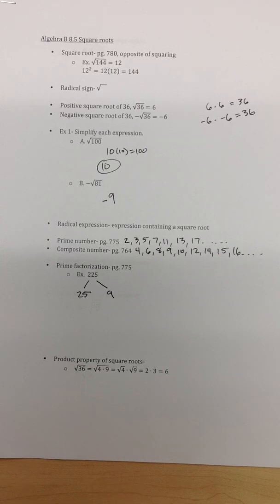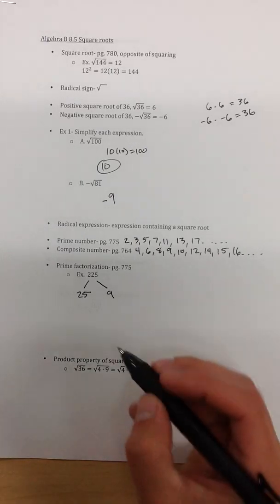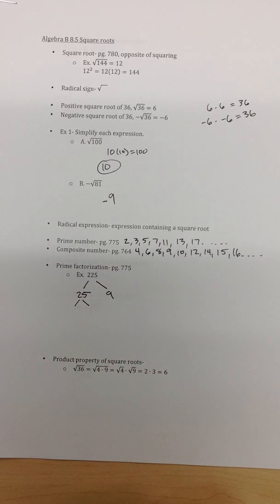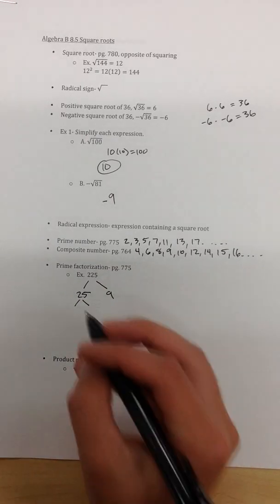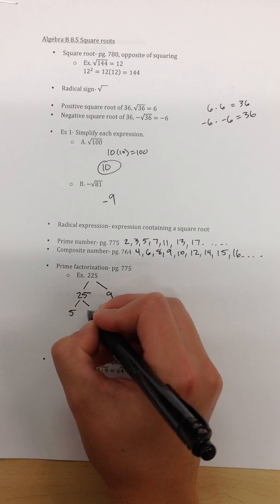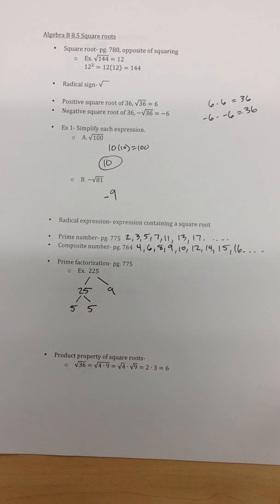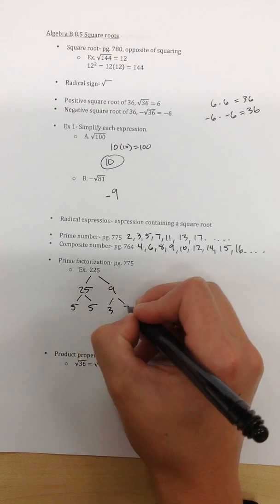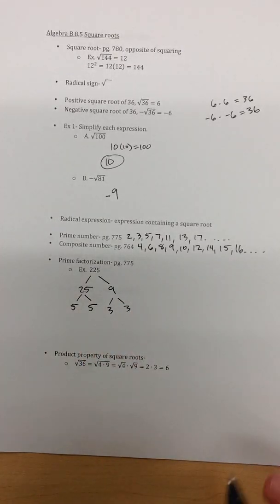So then what I do is I break those even further. So then I want to take 25 and see what 25 can break into. Well, I know 5 times 5 gives me 25. So I'm going to go 5 and 5. And then 9, I know if I take 3 times 3, I can get 9. Okay? So now the goal of that was to get that down to prime numbers.